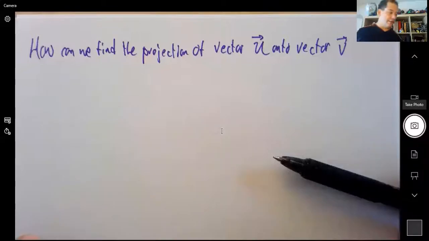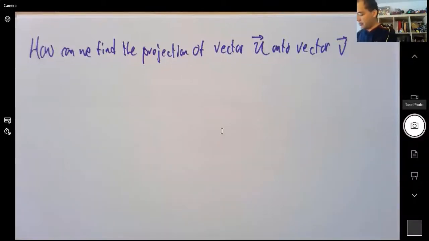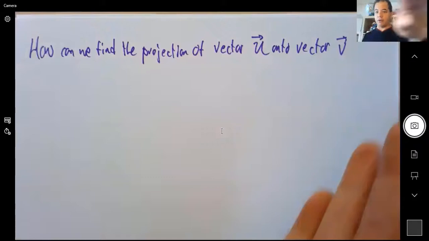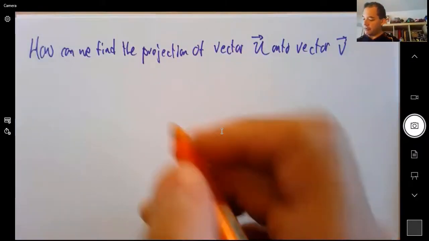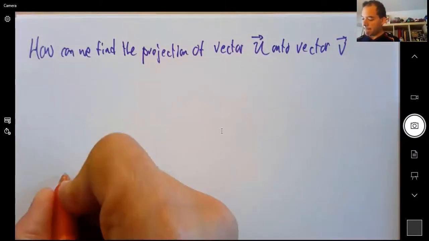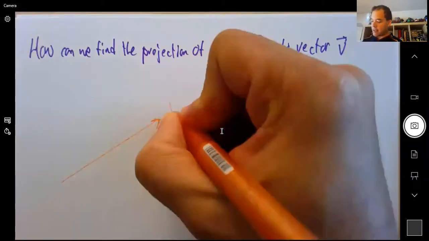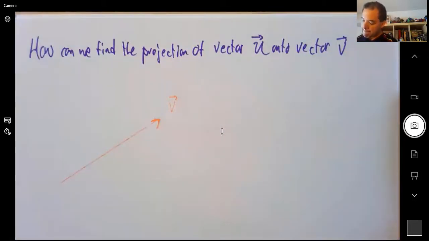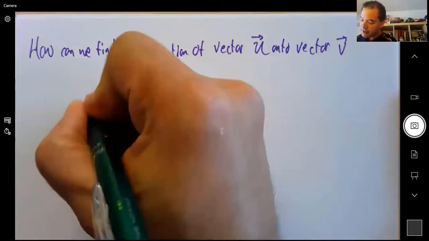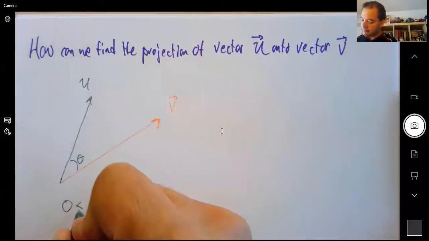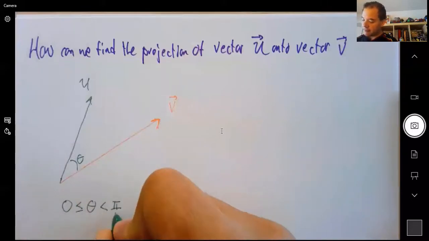So we have the vector v, and I'm going to draw it a little bit crooked so you don't imagine that it's always horizontal or vertical, okay? So here's a vector v, and here's a vector u. And I'm going to do the case where the angle theta is between 0 and 90 degrees.